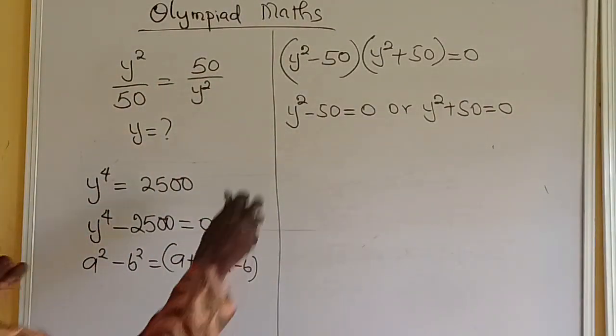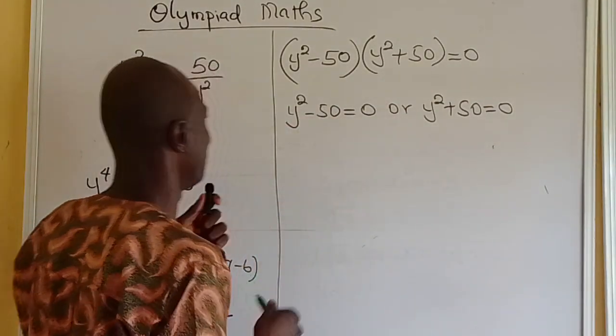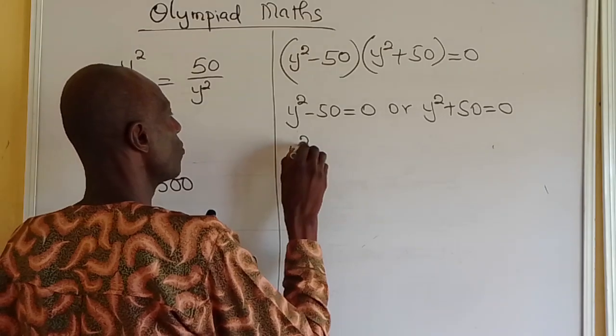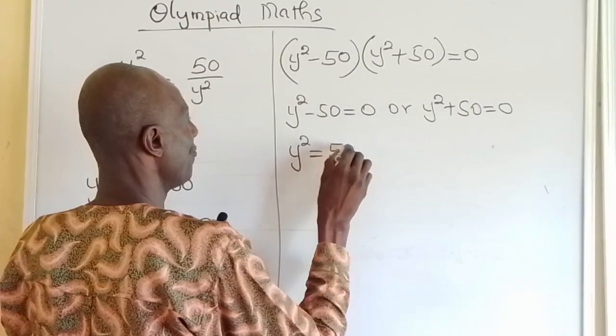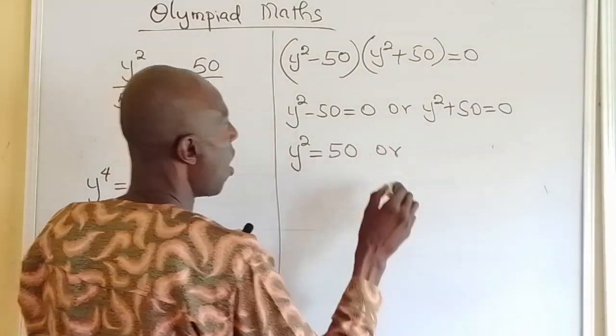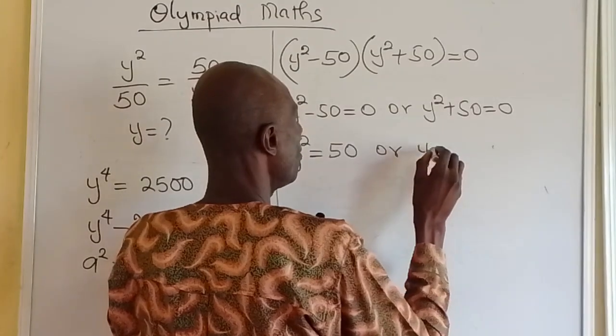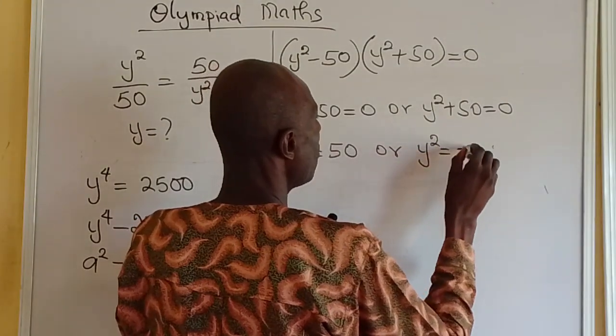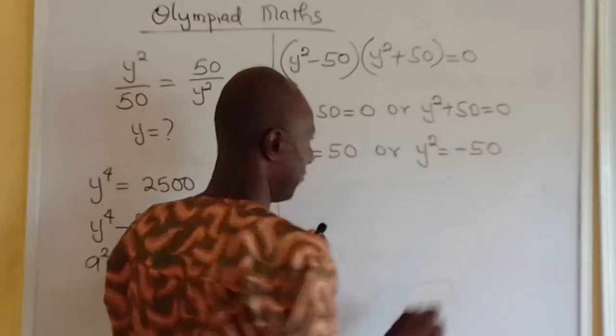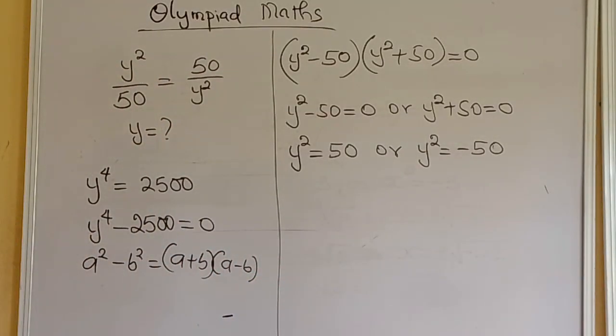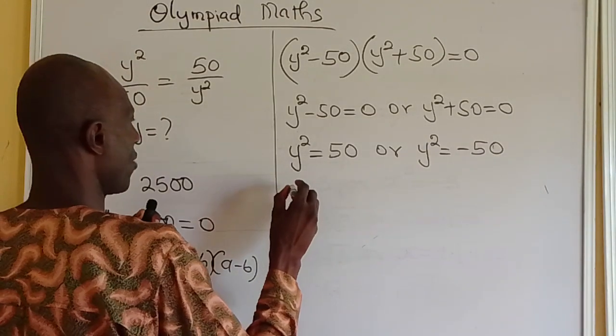As I move this 50 here, it becomes a positive value, so y squared is equal to 50, or y squared is equal to minus 50. Alright, let's take the square root.